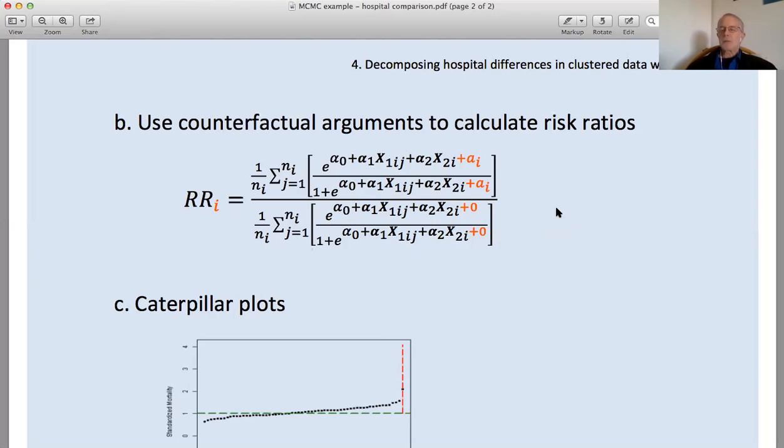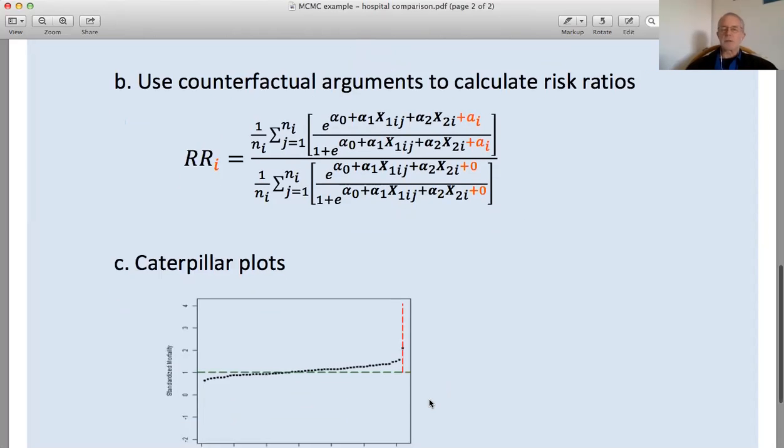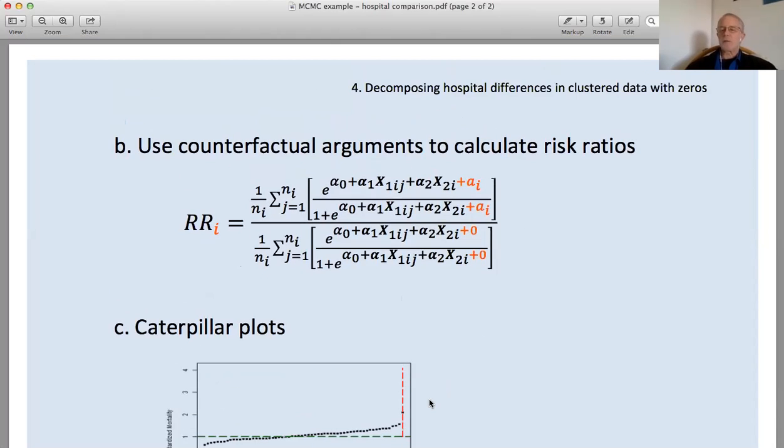So with MCMC, this is very easy to do, to get these displays, to get the inference, to identify unusual hospitals. The only way to do it with frequentist methods is bootstrap, which, okay, you can, but this is kind of what's designed for this approach. All right, so there's an example of a time when I would definitely use MCMC.